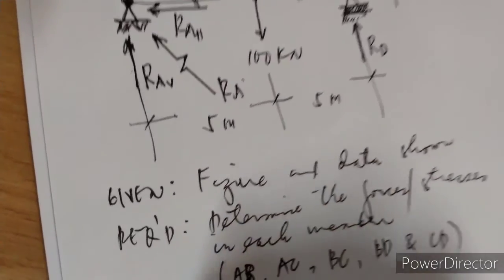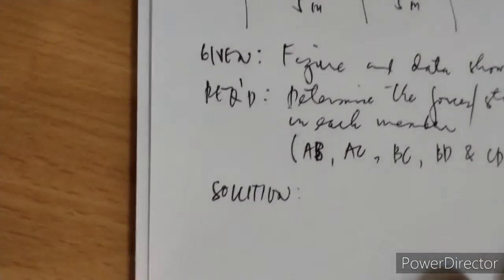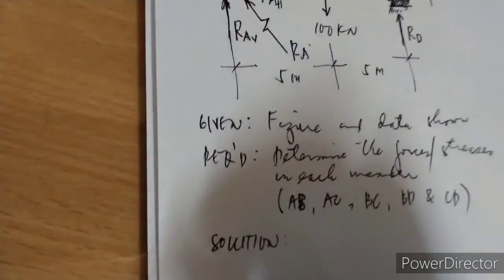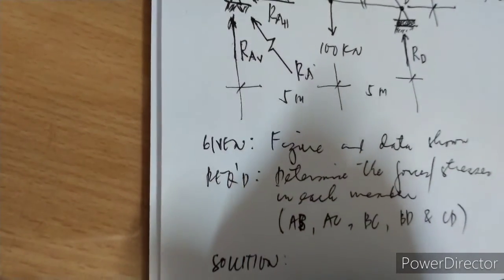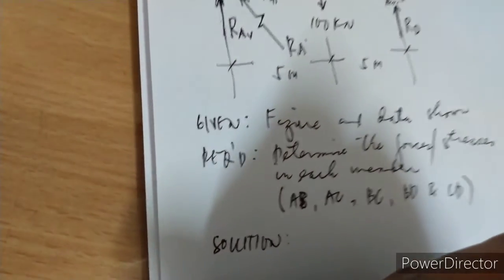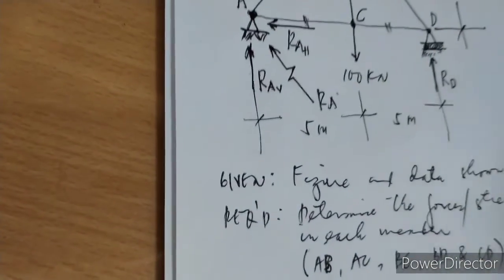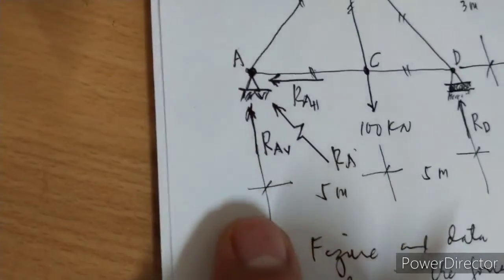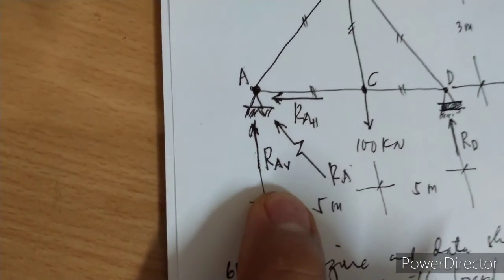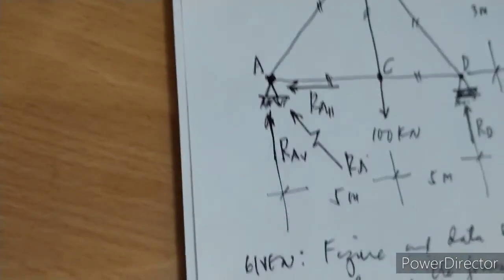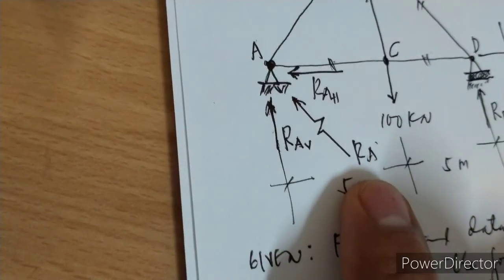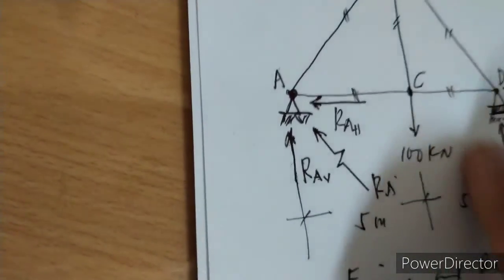Okay, so for the continuation of our solution, let's now try to have the first equilibrium equation to be used for us to be able to solve for RAV, RAH, or if ever required, RA, and of course RD.